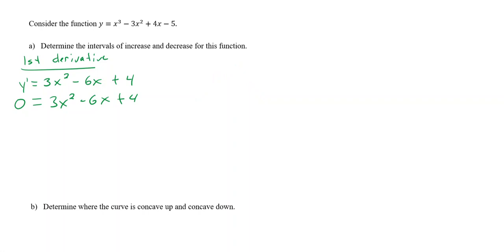All right, so what you would typically do here is you just factor it, but it turns out that this one, you can't factor. So from there, we are going to use the quadratic formula. If you remember the quadratic formula, x is equal to negative b plus or minus the square root of b squared minus 4ac all over 2a.